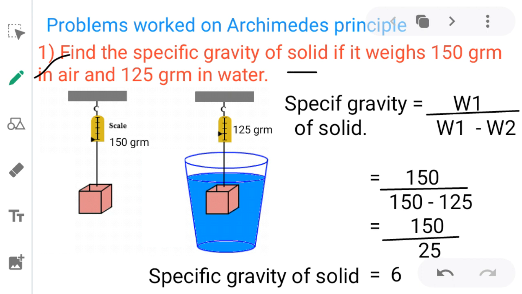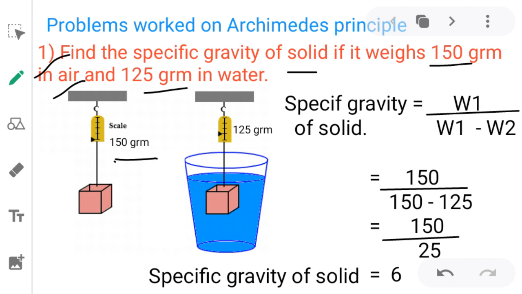Keep it in mind, the solid weighs 150 grams in air and 125 grams in water. You observe the diagram. Here the solid is weighed in air with a spring balance and it is giving a reading of 150 gram.